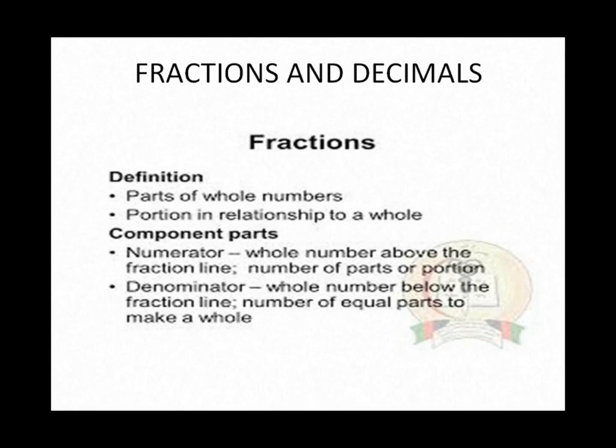So from one whole cake, the total number of divisions made by your mother was 12 pieces. So one whole is 12 pieces. How much have you consumed from that? You have taken 10 out of 12. So the fraction is 10 on 12.